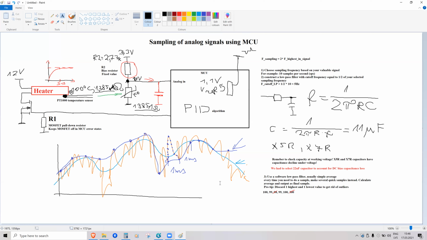And one of you asked me where to buy components, and I'll answer this question now. So let's say I need a resistor of value 2.77 kilo ohms.